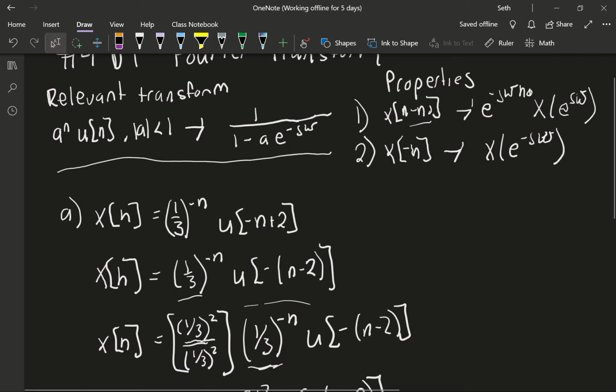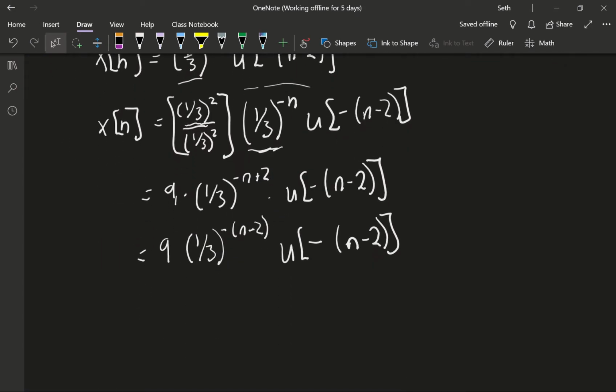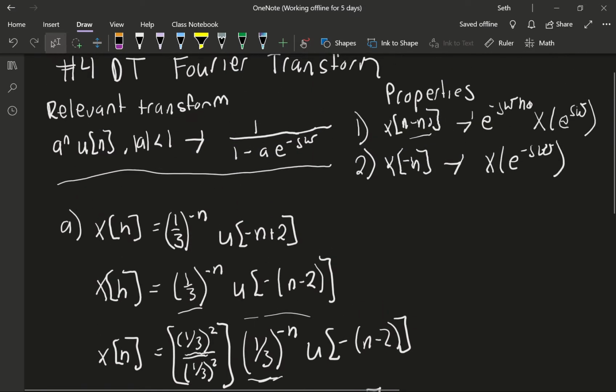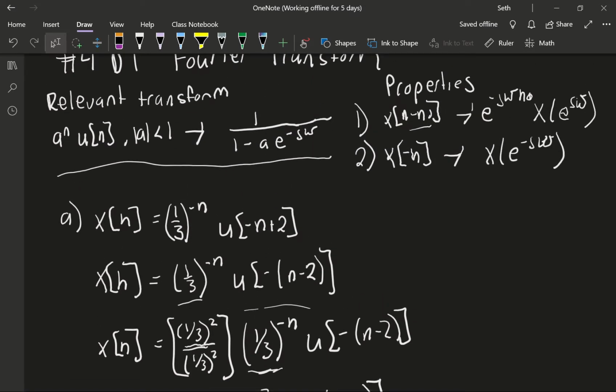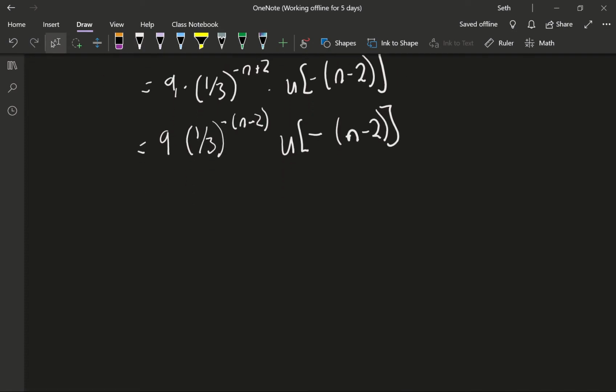First we will use the property of the time shift, and we're going to ignore the reversal for now, so let's just pretend we don't have these negative signs here.